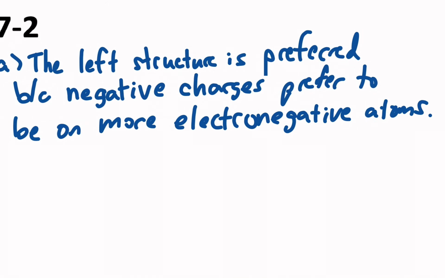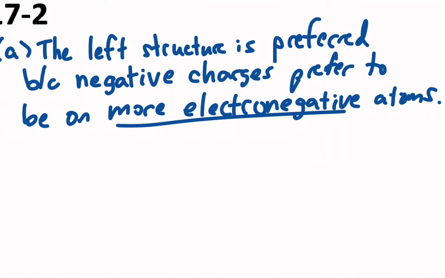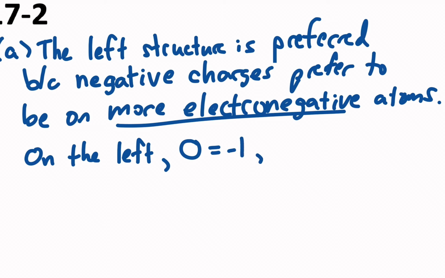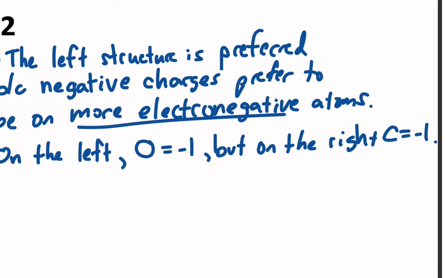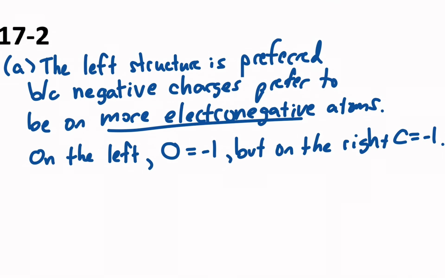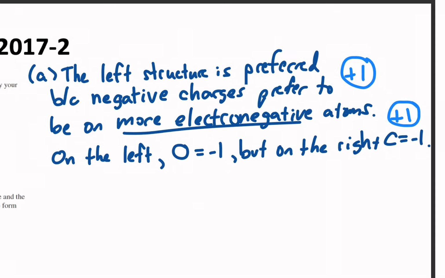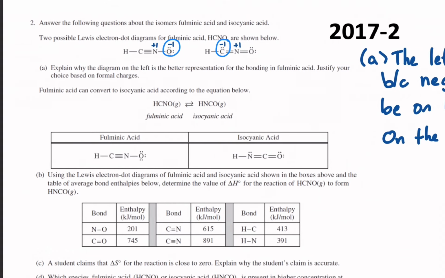And I'm going to underline that more electronegative part because I really think that's key. On the left, O is -1, but on the right, C is -1. And this was a 2-pointer. We had to first comment on what some of the formal charges were, really highlighting carbon being -1 versus oxygen being -1 in the two structures, and also justify why the more electronegative atom prefers the negative charge, or the fact that it does. And that's part A, that's 2 points.